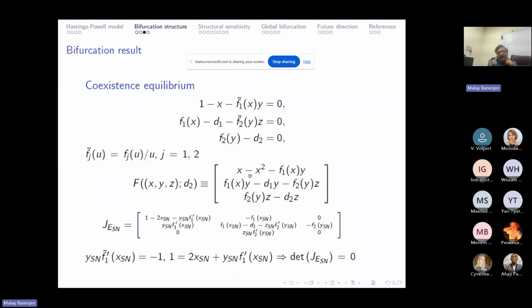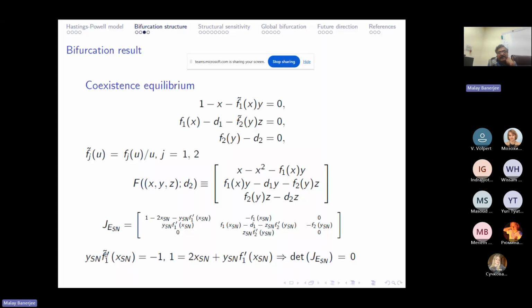And with this general form, if we calculate the Jacobian matrix, then the Jacobian matrix takes this particular format, and the components of the coexistence equilibrium at the saddle node bifurcation threshold satisfy these conditions.